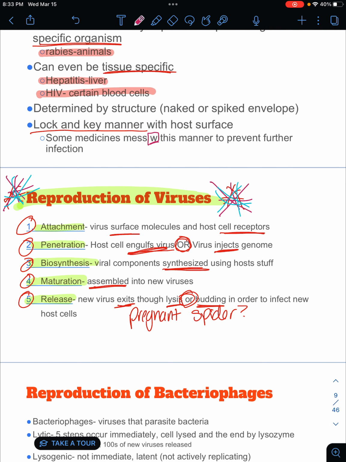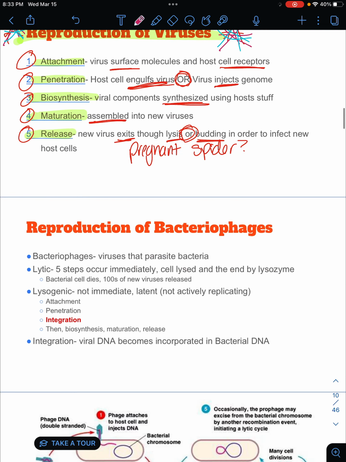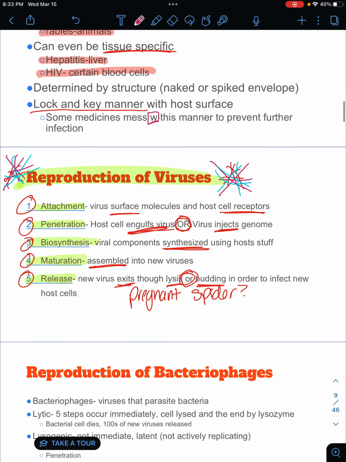So does the cell engulf the virus through endocytosis? Remember that? Or does the virus inject its genome? And then we have number 3, biosynthesis. How does it synthesize the stuff? How does it mature? And then number 5, the release. Okay, does it exit through lysis or does it exit through budding, like pinching Play-Doh off, okay? And that's where we stopped from the last notes.